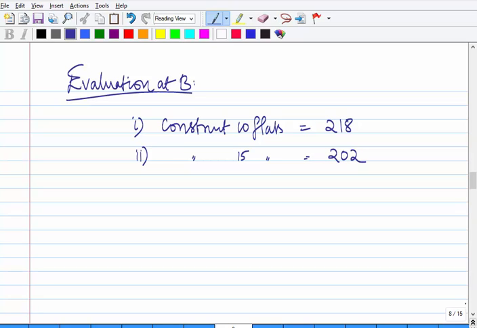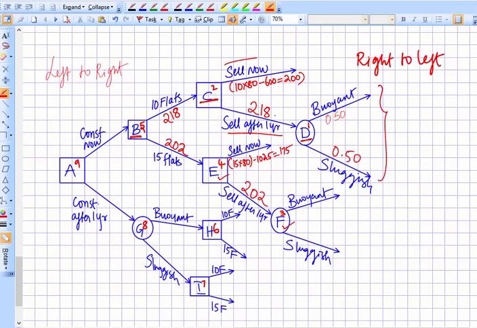Okay, so now you have to go with the highest, and the decision says construct 10 flats, so that you get a net benefit. What is your net benefit? 218. So let's go back to the diagram, indicate that you have to construct 10 and you get net benefit of 218. Okay, so we have covered all.